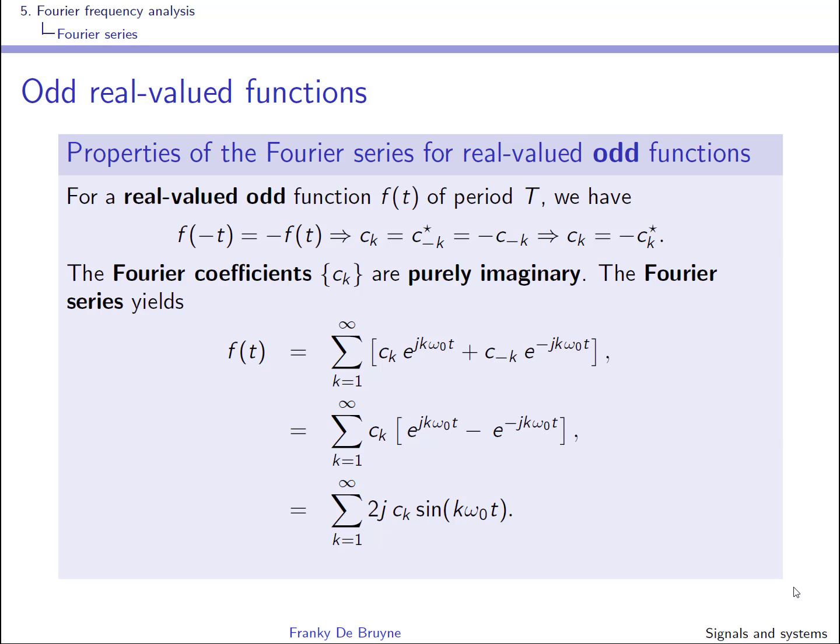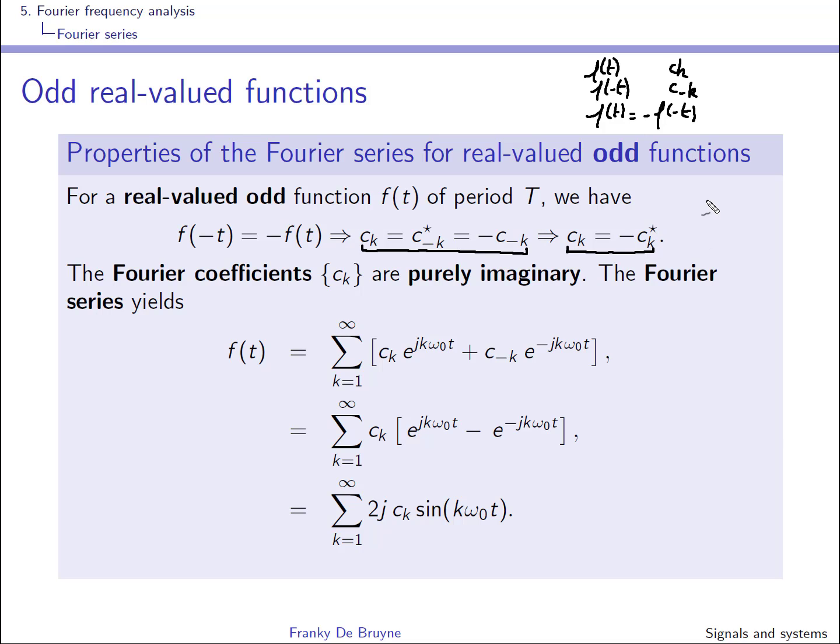So you can do something quite similar when the function is real valued and odd. So f(t) is characterized by Fourier coefficient ck. The reflected function f(-t) will have Fourier coefficients c-k, but this time f(t) is equal to -f(-t), right? So we get this expression here, and we see that ck is equal to minus the complex conjugate of ck.